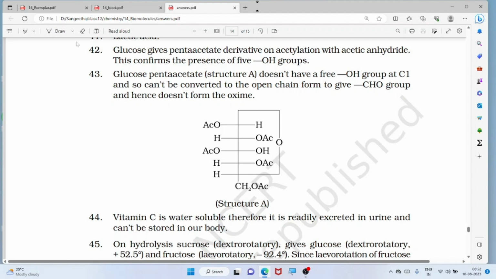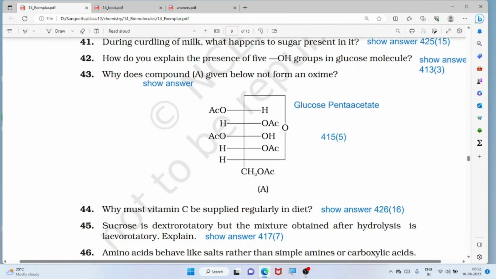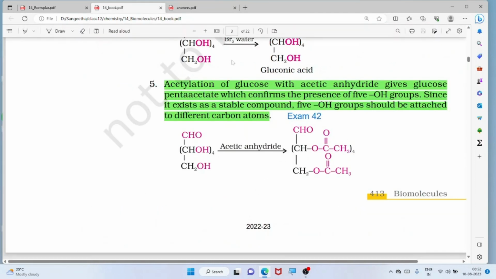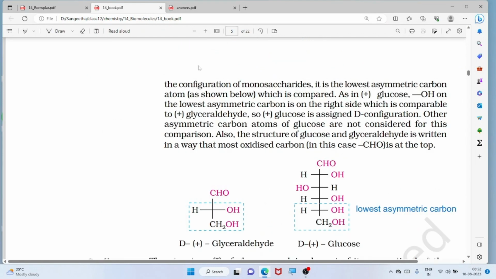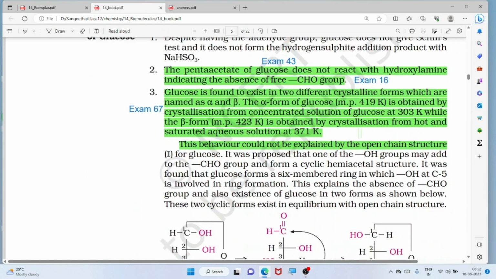Glucose pentaacetate does not react with hydroxylamine because of the absence of this.